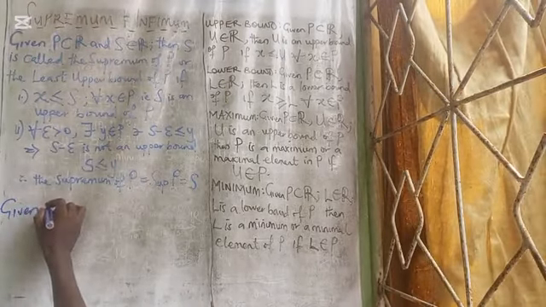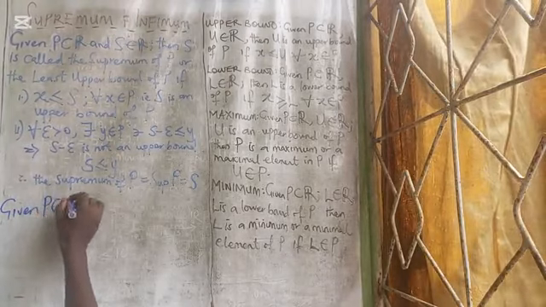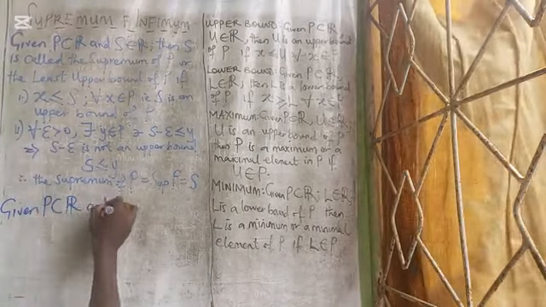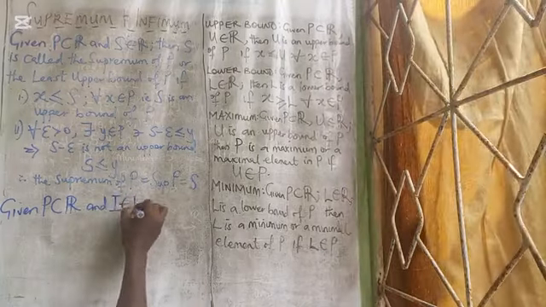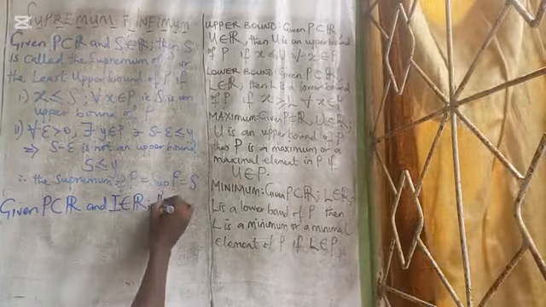In the same way, let's try to define our infimum. Following the same line, given P contained in R, I'll use I for infimum now, I belonging to the set of real numbers.